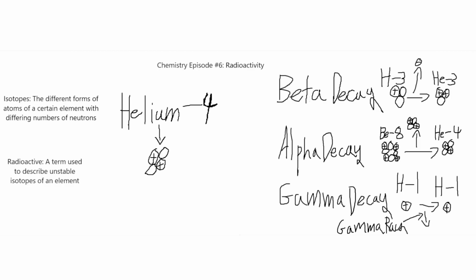If you have a kilogram of uranium, it would have the same half-life as all of the uranium in the universe. Half of the atoms in that kilogram of uranium would decay at around the same time as half the atoms of uranium would decay in the universe.